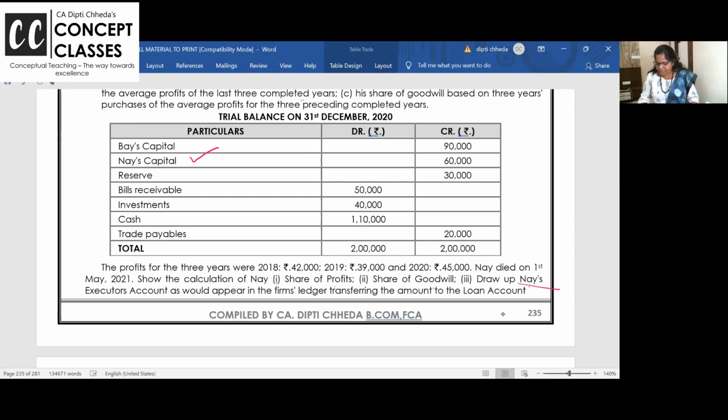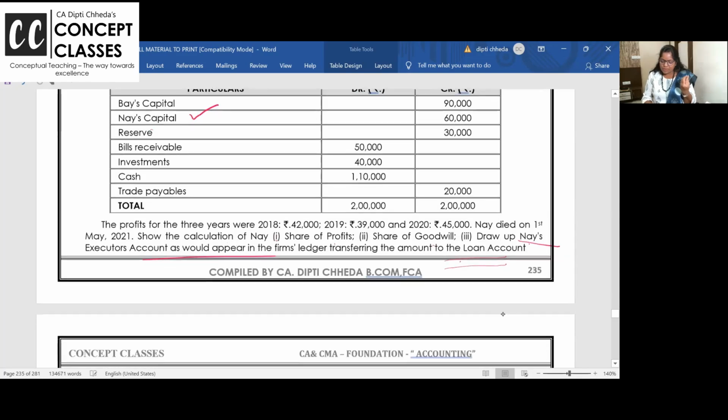Now this line is tricky. Instead of capital account, prepare the executor's account and give him everything, and then transfer everything to his loan account. There are reserves also.